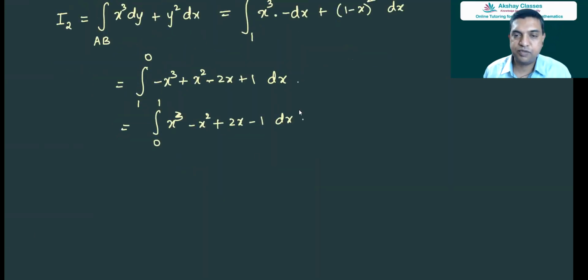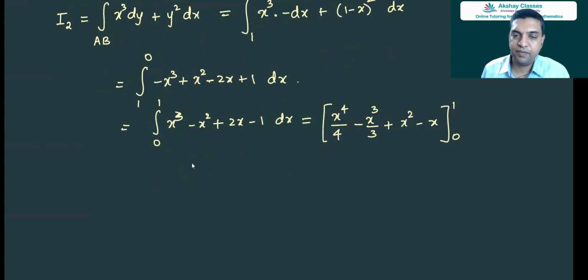So this will be x power 4 upon 4 minus x cube upon 3 plus x square minus x from 0 to 1. So we get 1 upon 4 minus 1 upon 3 plus 1 minus 1, minus of zeros.